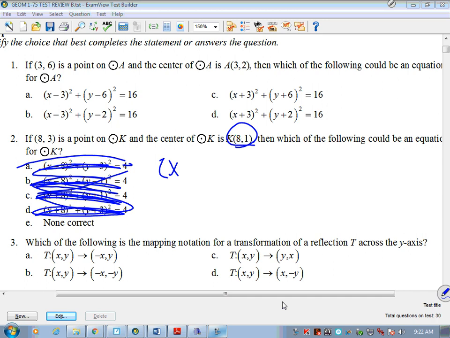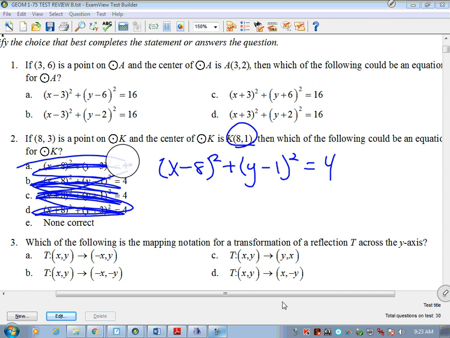Minus 8, squared, plus y minus 1 squared. And I'm looking for the distance. Is there any distance between 8 and 8? No. What's the distance between 3 and 1? 2. My radius is squared, so what's 2 squared? 4. So my equation should be x minus 8 squared plus y minus 1 squared equals 4.